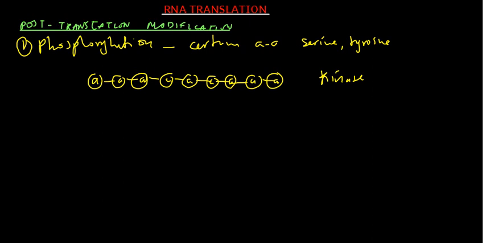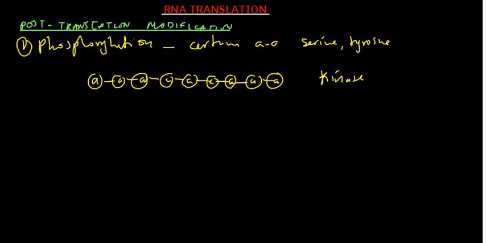So kinases are enzymes which play an important role in the addition of a phosphate. That is phosphorylation. This is also very important, because some amino acids are only functional when they contain a phosphate like that. And so we have to add it there to make them functional.